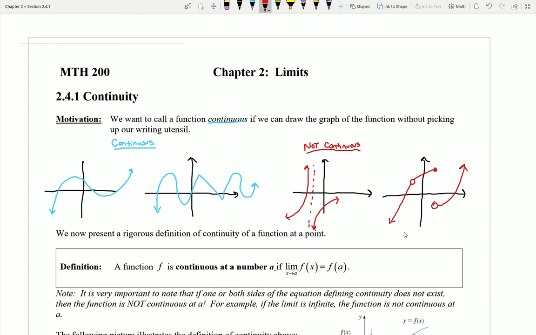Now, it's important to understand that when we use this word continuous and talk about it as being a function I can draw without picking up the pencil, that's a loose definition. It's not the exact definition. It's like how in a chemistry class, maybe you've taken one before, you describe an atom and the electrons and electron rings, and you often draw a picture that looks something like this.